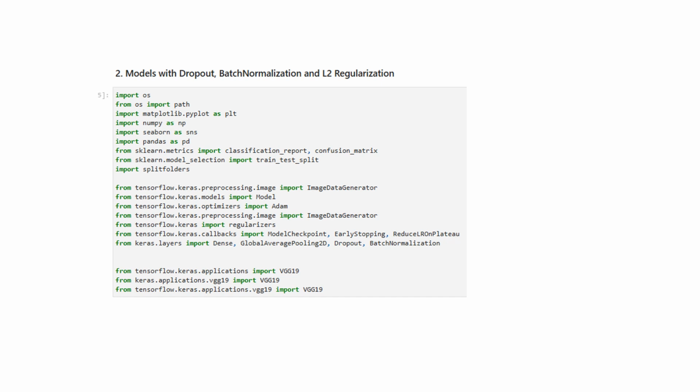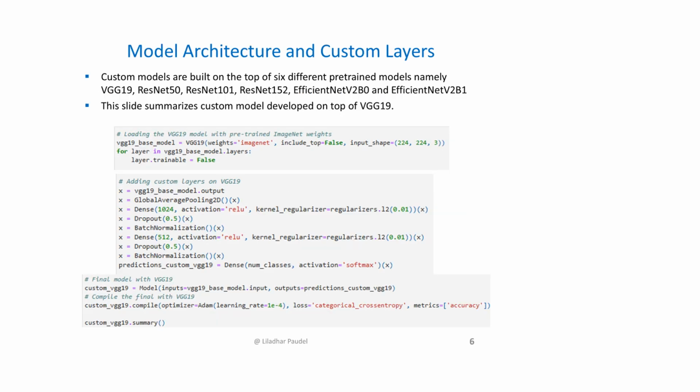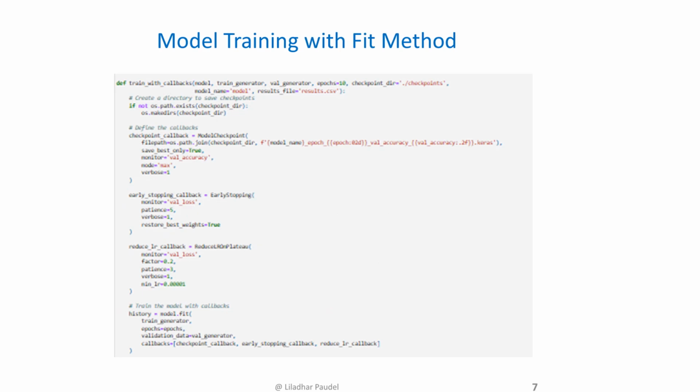I also use dropouts, batch normalization, and L2 regularization to mitigate overfitting. The model is compiled as shown here, and after compiling, the model has to be trained with the training data. The fit method is used to train the model.